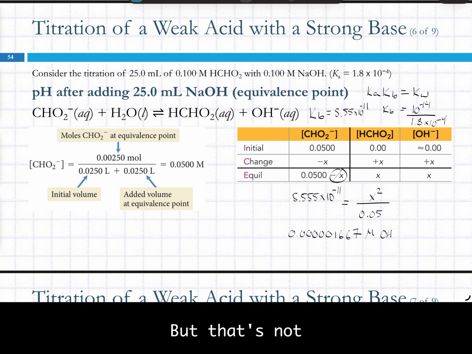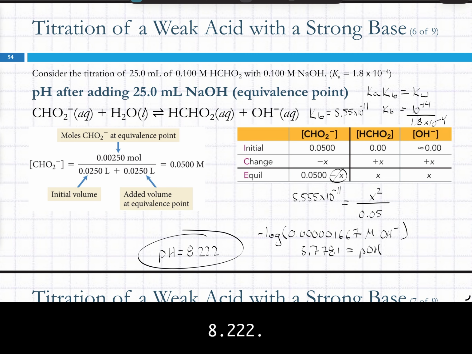But that's not H3O plus, that's OH minus. So the negative log, 5.7781 equals pOH. 14 minus that is 8.222.